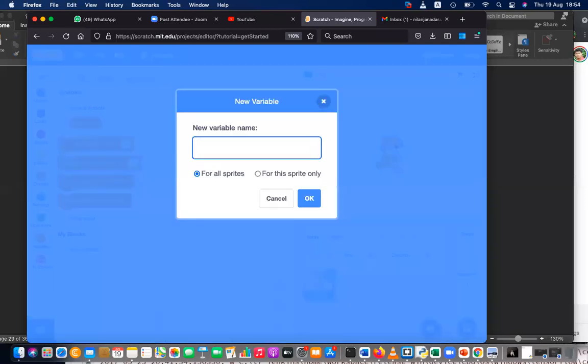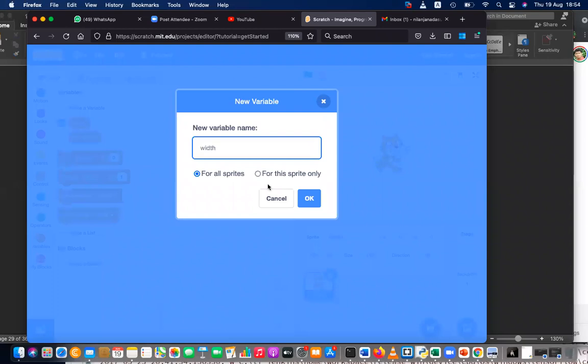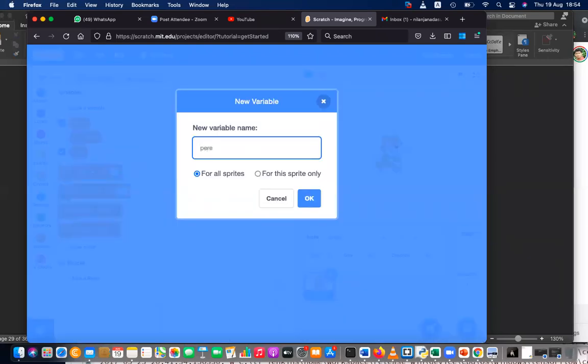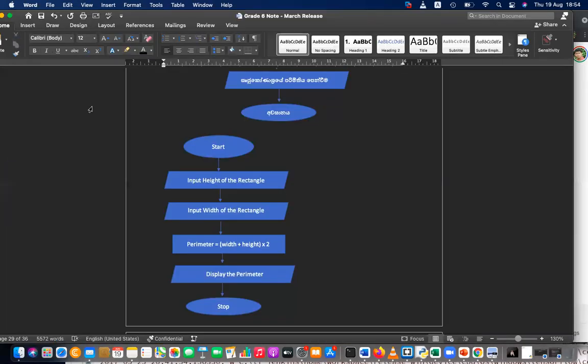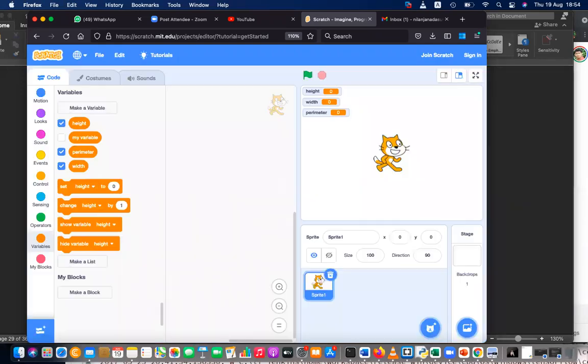I'll create a variable called height. I also need a variable called width. I also need a variable called perimeter.